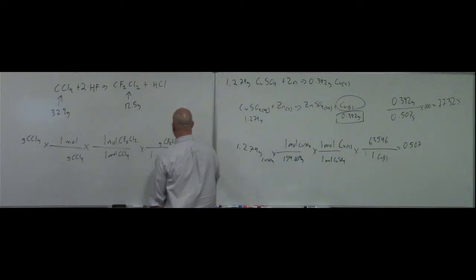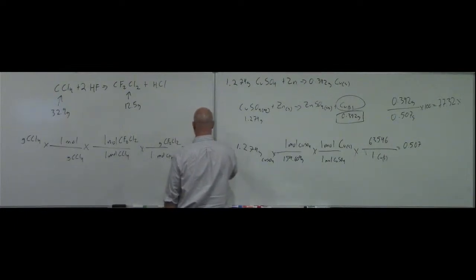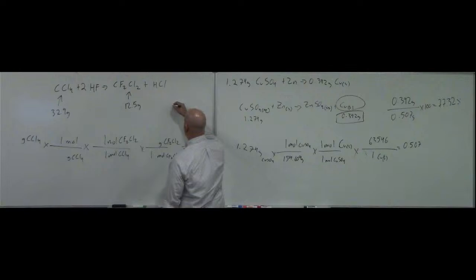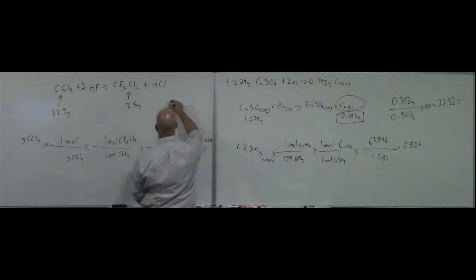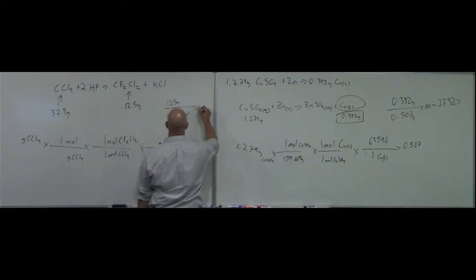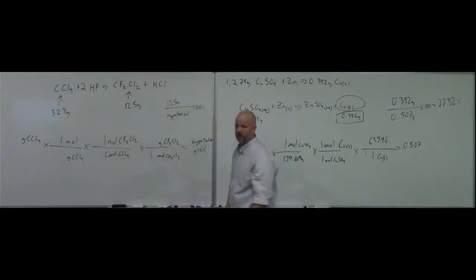And that's going to give me my hypothetical, my theoretical yield. Then all I have to do is take my actual yield, 12.5 grams, divided by my hypothetical, multiplied by 100. That's going to give me my percent. Y'all run those numbers real quick.